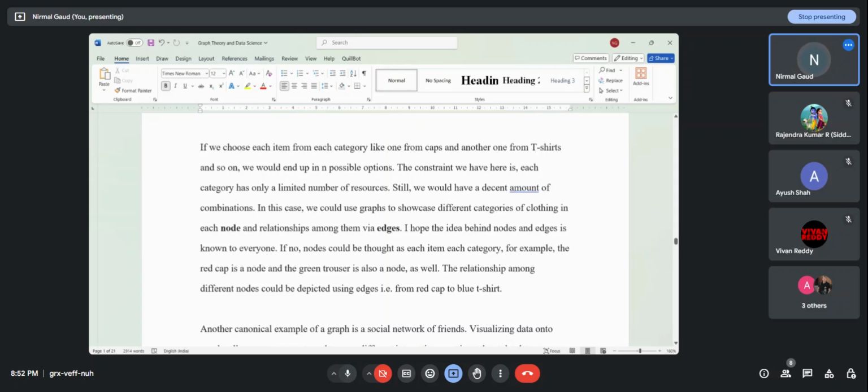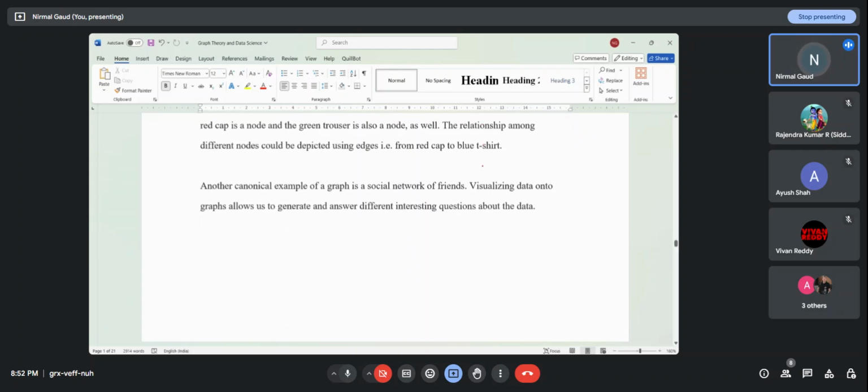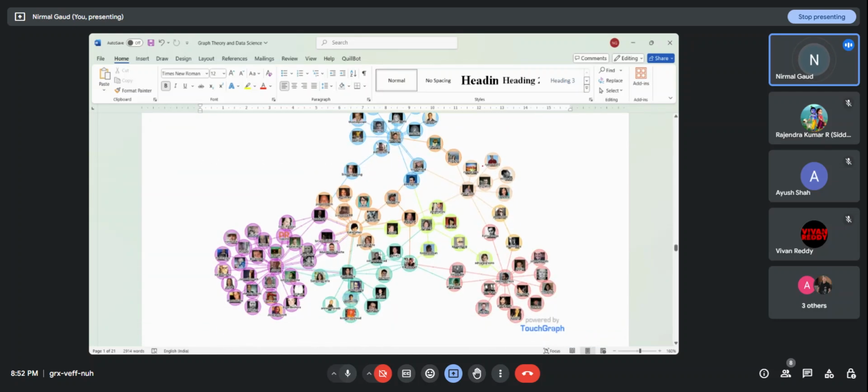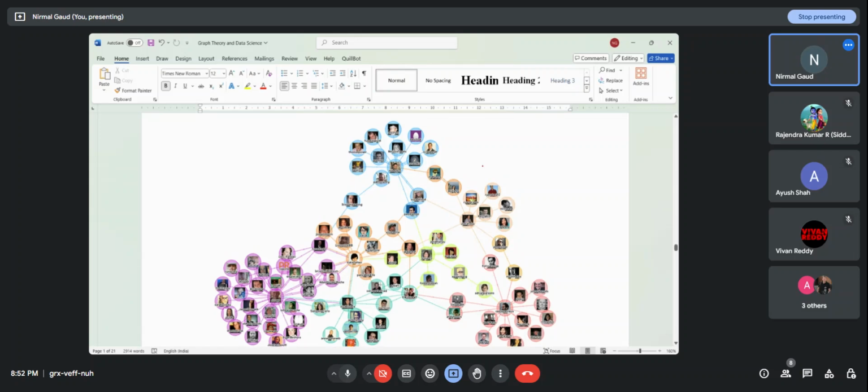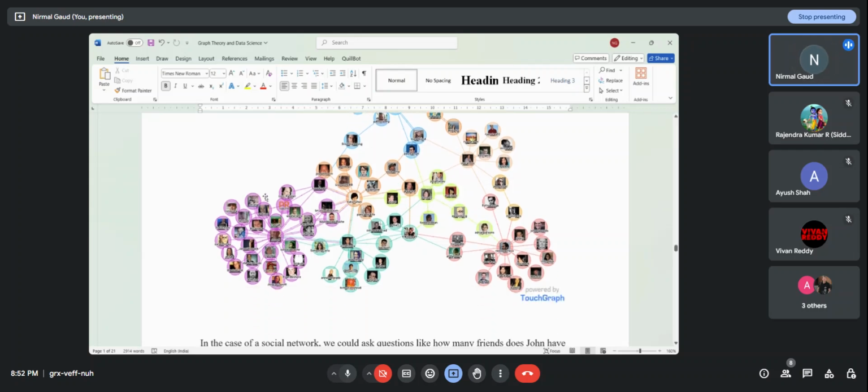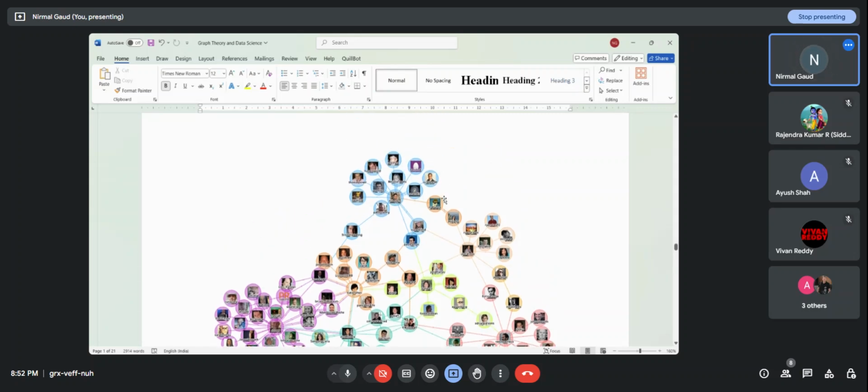If you choose each item from each category, one cap, another t-shirt and so on, you can see that all these combinations are shown by nodes and edges. Fine. This is also one of the examples of graph theory: a social network. There is no other way of describing a social network; only a graph can explain it.